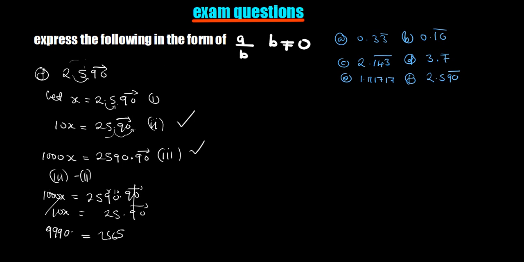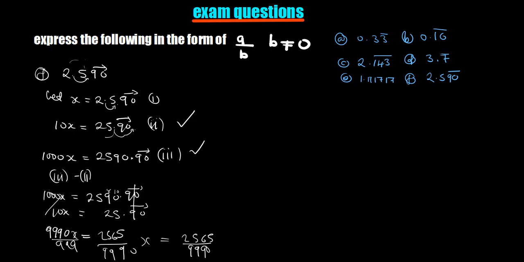So you divide throughout by 990. Then that will give you what? Your x is now 2565 over 990, like that. I was making a mistake, so that should be 990 to make 1000 minus 10.